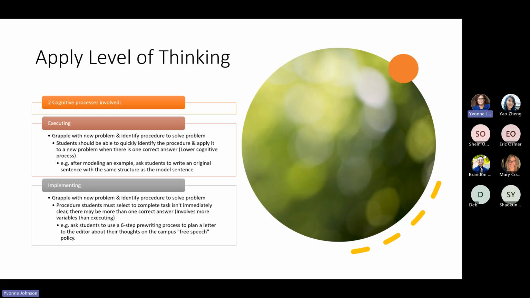Or maybe they're grappling with problems. Problems are an excellent way to provide students the opportunity to work through those authentic challenges that they might have as a practitioner in the field, as a teacher, as a scientist, as a person in the visual and performing arts.